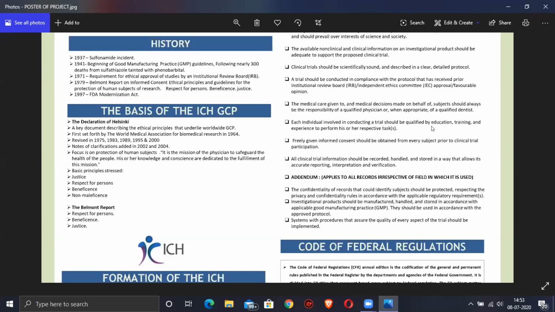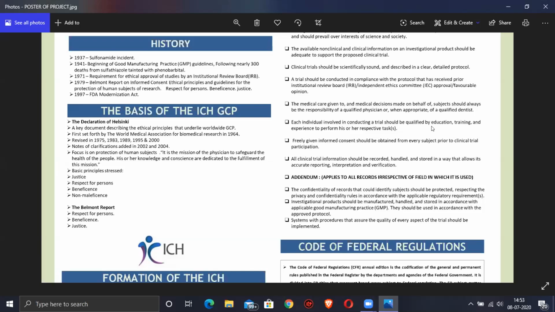Last but not least, we have systems with procedures that assure the quality of every aspect of the trial. To assure the quality of every aspect of the trial, we have audits, monitoring visits, and quality control systems. All three combined ensure that the subject is safe, that the research is being conducted according to the regulations, and that no regulations have been violated.